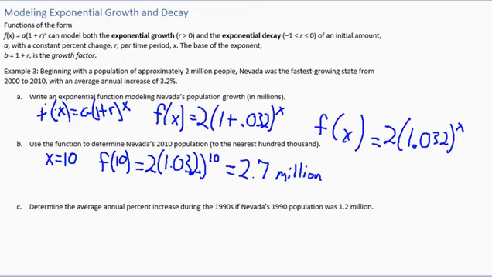Next question says determine the average annual percent increase during the 1990s if Nevada's 1990 population was 1.2 million. Okay, well, this is kind of the same idea, but now we're looking at a different time frame.